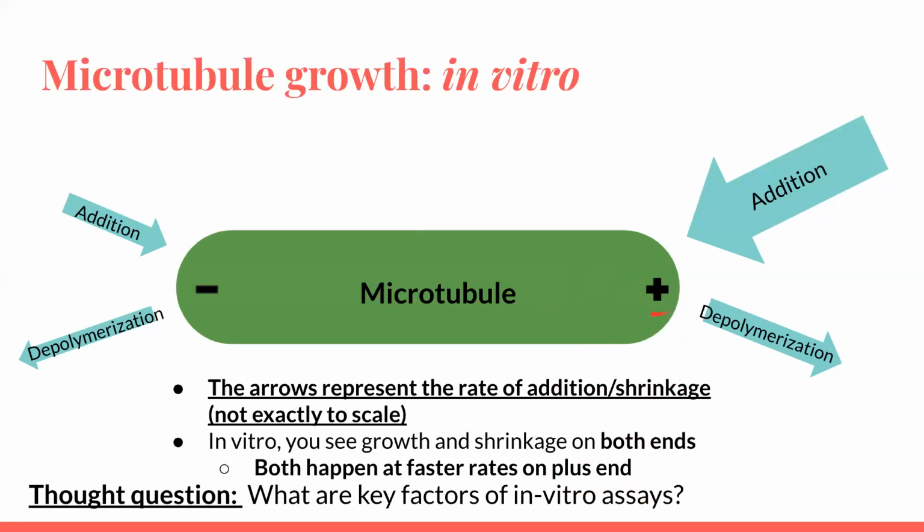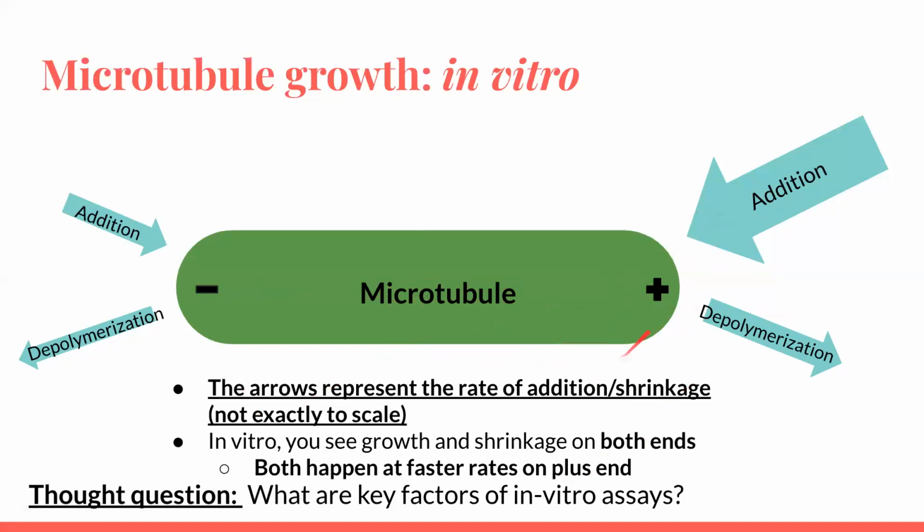Eventually when you're depolymerizing, GTP gets hydrolyzed to GDP. If there's only a limited amount of GTP, then eventually all of it is going to get used up. So eventually you won't have any addition at all, and the microtubules will shrink entirely and just disappear. That's what will happen eventually in all in vitro assays if you don't add GTP.